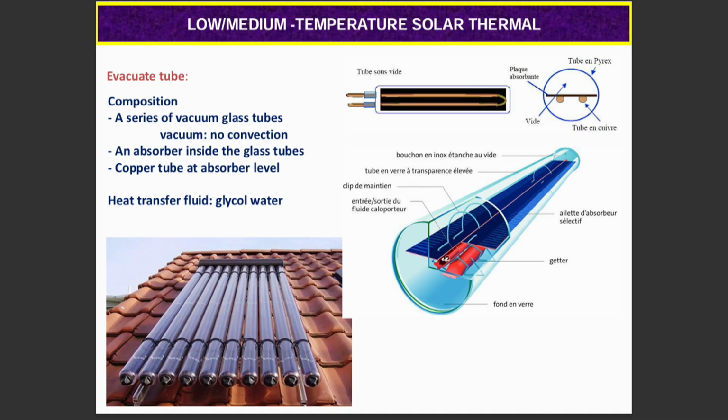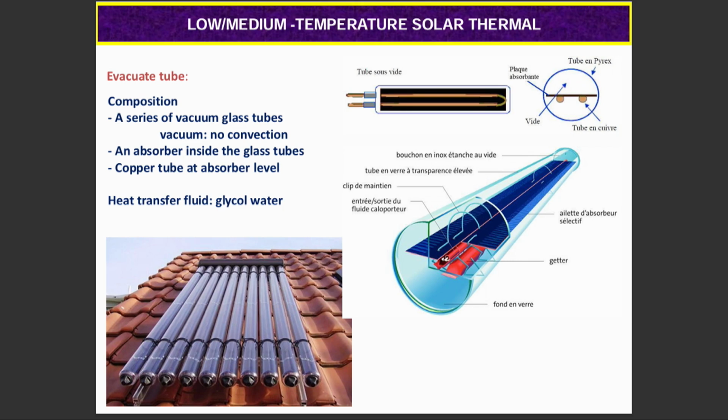Evacuated tube. When you are in a flat plate collector, you have a glass, you have air, you have the absorber. So you can have some loss by convection between the absorber and the glass. The hot air coming from the absorber is going to the glass, and the glass exchanges with the external part. So you are losing a part of heat due to convection of the air between the glass and the absorber.